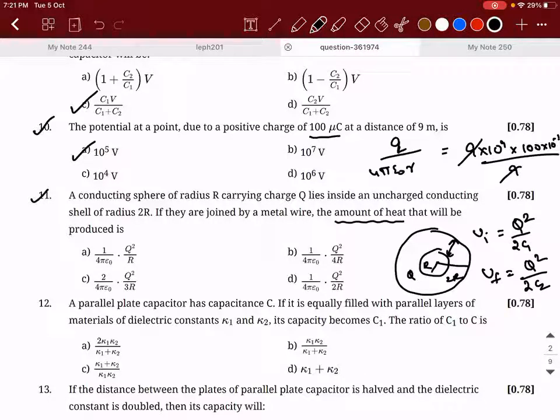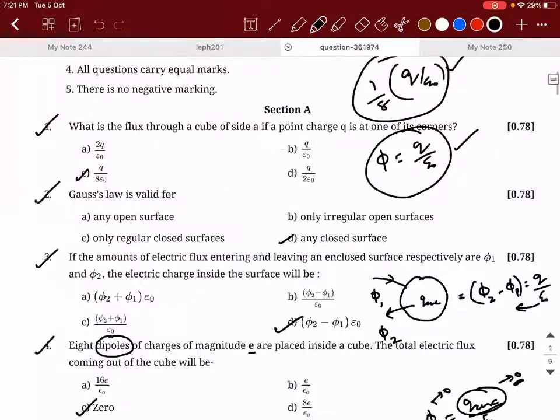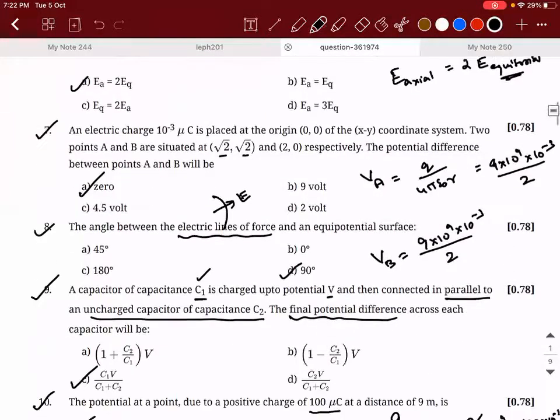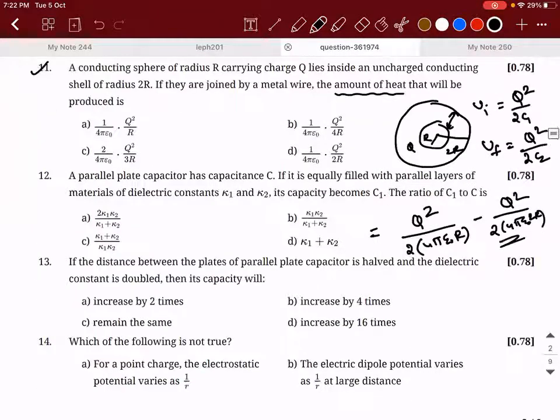So it is Q square divided by 2 into, tell me what is the value of C1, guys? 4 pi epsilon naught R, capital R, minus Q square divided by 2 into 4 pi epsilon naught 2R. Subtracted, that will give you the answer. That will be the amount of heat produced.